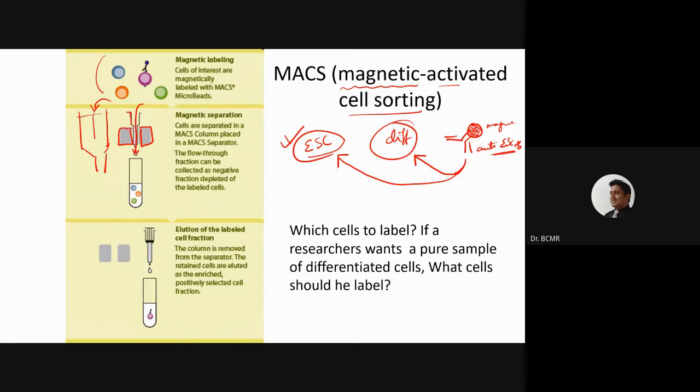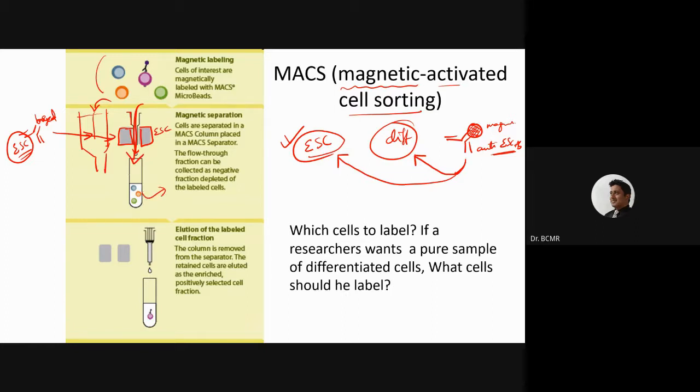They would stop, however, if any of the cells have the magnetic beads. The beads will be retained in this position here, because they are conjugated to the antibody, and the cell to which the antibody was raised, say for example embryonic stem cells, ESCs, will remain here and the rest of the cells will flow through, and you can probably use them.